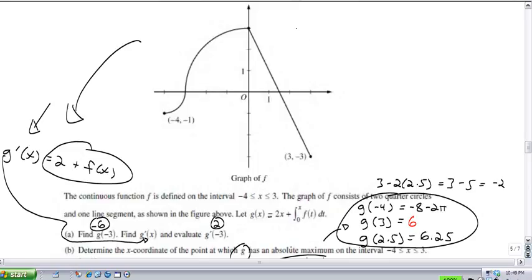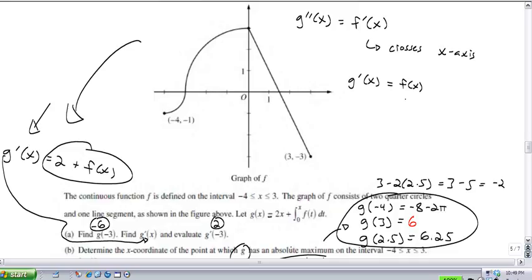Okay. So g double prime of x is f prime of x. We're looking for where it crosses the x-axis, and we know g prime of x equals f of x.